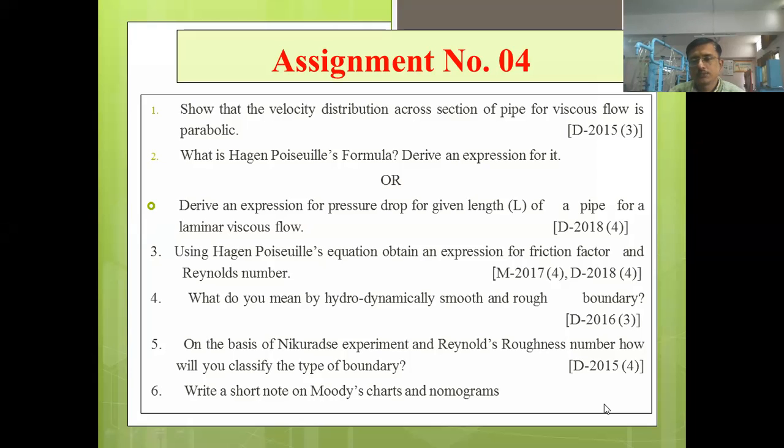This question was asked in December 2015 for 4 marks.